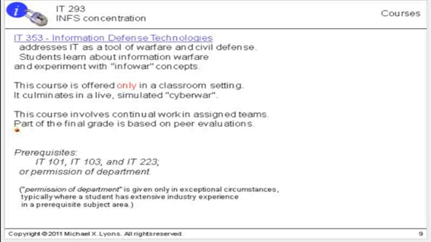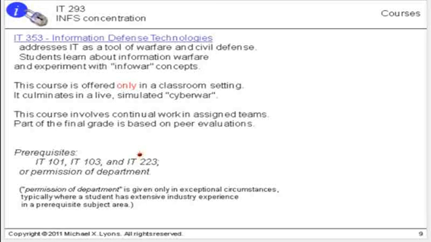In order to take this course, the prerequisites are IT 101, IT 103, and IT 223, as we explained before. And you would need a C or better in each of those courses prior to taking this course. There is also the possibility of permission of the department if you are missing one or more of those.